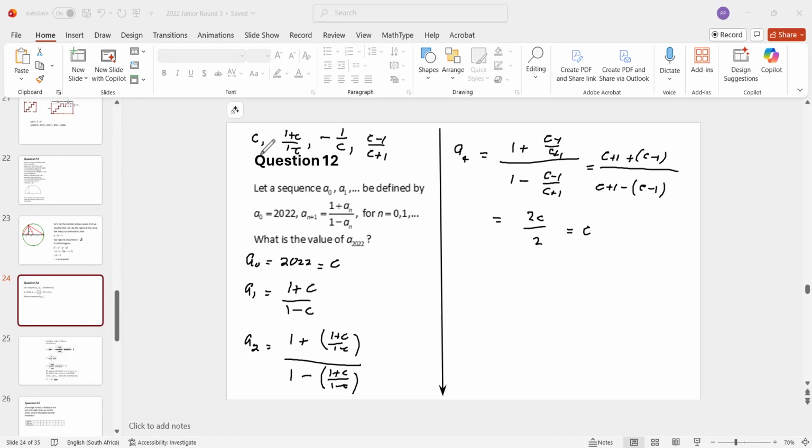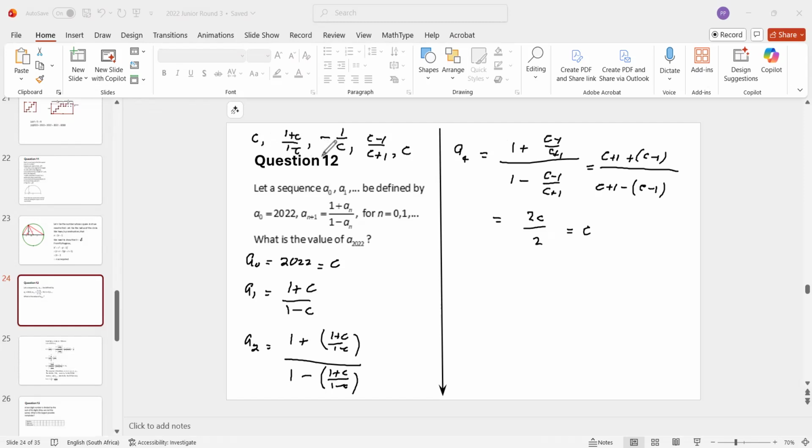Now we've come back to the starting point, you see? So this means that if I proceed, I'm going to have the same thing repeated. See?